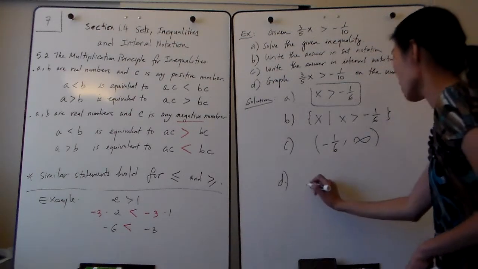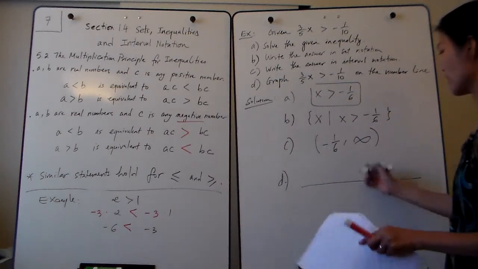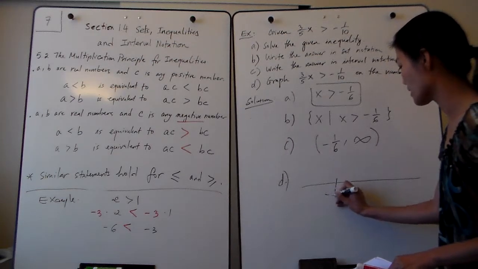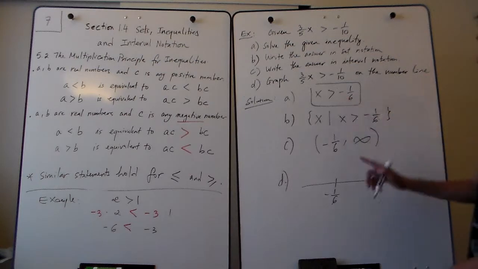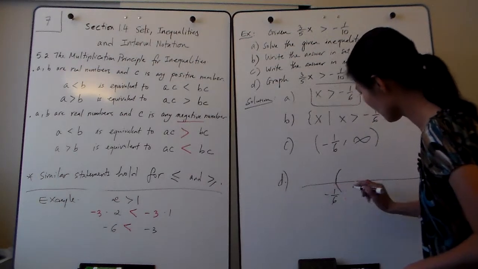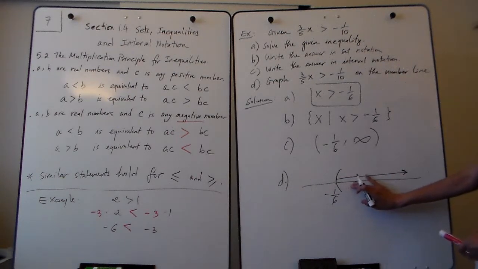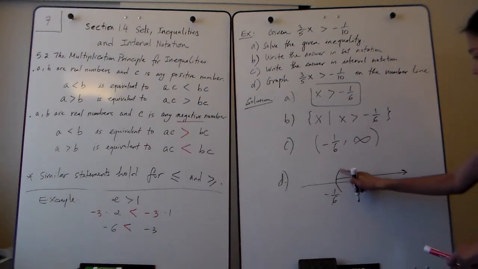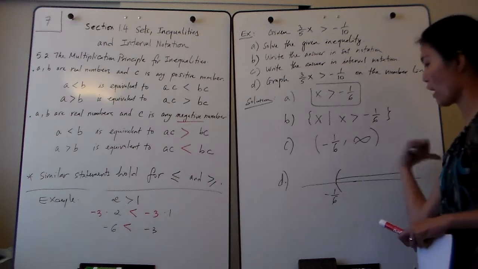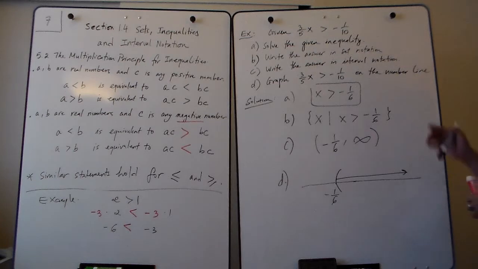All right, let's graph this on the number line. We're almost there. So next negative 1/6, you can pick any number here on the number line. So negative 1/6 greater than, so to the right, using parentheses. And I'm done. So starting from the left hand side negative 1/6 extend to the right without bound. So this is the answer for part D.